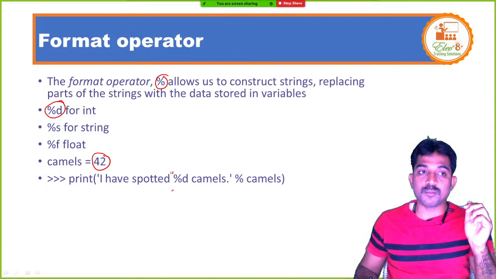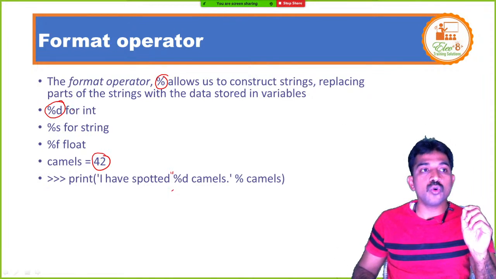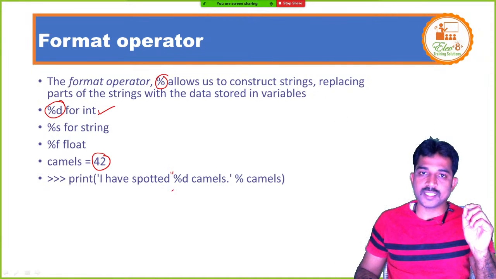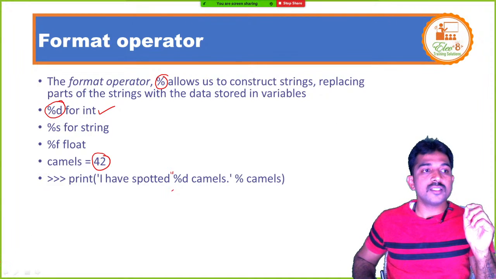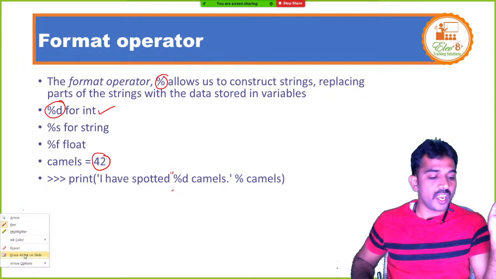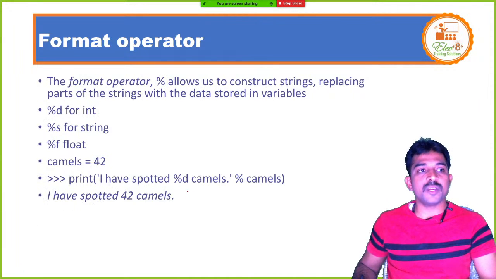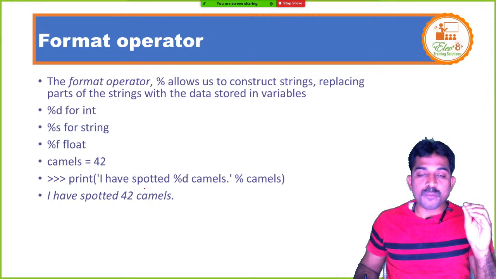If it is an integer type, you should use %d. Is this clear? If you execute the statement, you see: I have spotted 42 camels. These are the format specifiers.